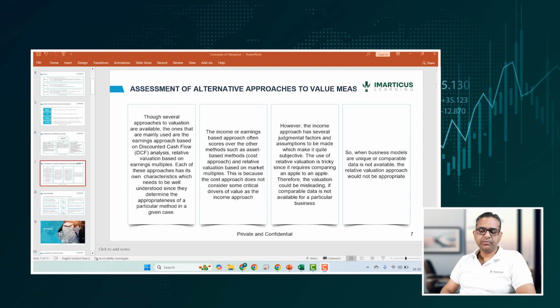Each of these approaches has its own characteristics which need to be well understood since they determine the appropriateness of a particular method in a given case. The income or earnings-based approach often scores over the other methods such as asset-based pricing methods and relative valuation based on market multiples. This is because the cost approach does not consider some critical drivers of value as the income approach does.